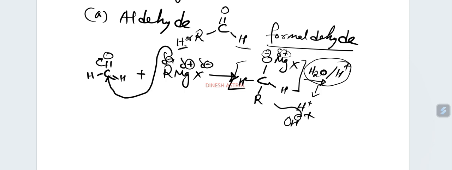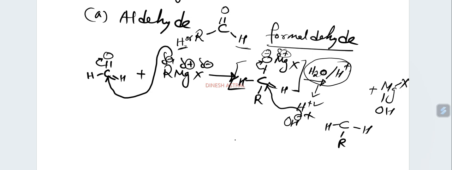The OH minus will react with this carbon, and then the carbon-oxygen bond will break in such a way that the electrons are transferred onto the oxygen. That negative charge will pick up this hydrogen, so it will become Mg(OH)X. The main product is this: the hydrogen remains the same, this carbon also remains in its place, but OH has reacted, so it will be like this.